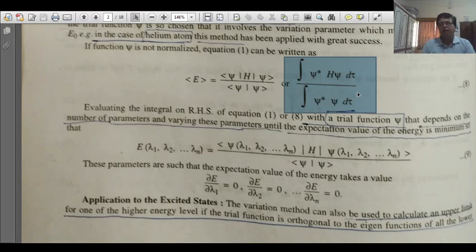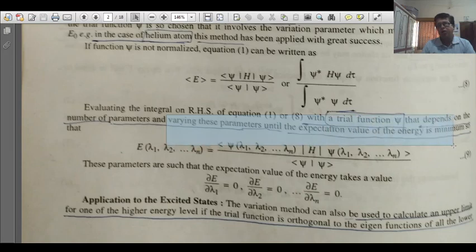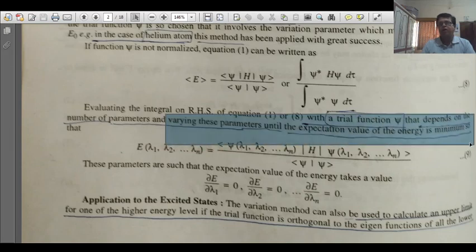That is, our aim is that the expectation value is very close to E0. Then those are good solutions for such kinds of problems.